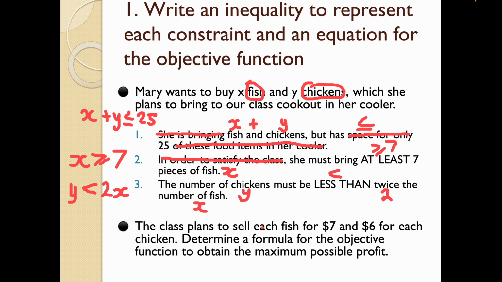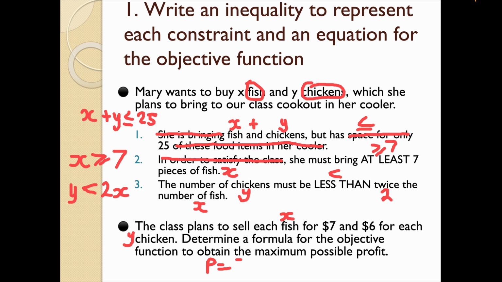The class plans to sell each fish for $7 and $6 for each chicken. So each fish is x, and each chicken is y. Determine the formula for the objective function to obtain the maximum possible profit. So I'm going to say profit is P, which is equal to, so it says we're selling each fish for $7.